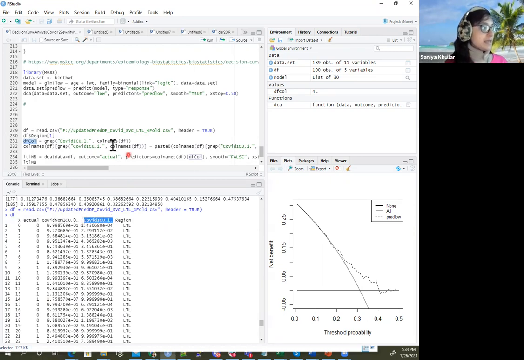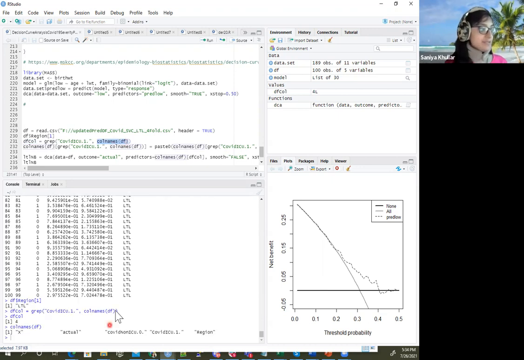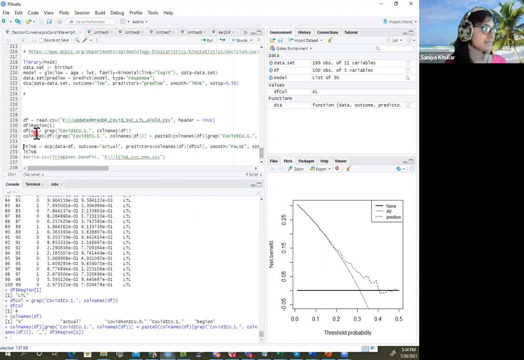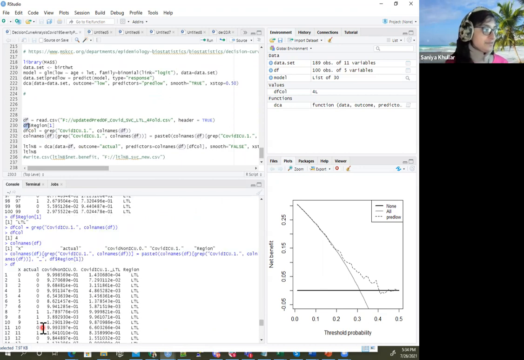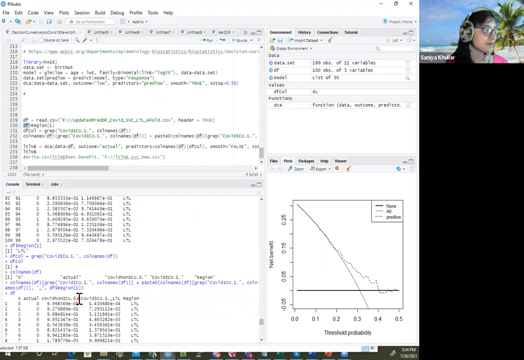I look in the column names and it tells me which column has the information, out of all the column names, which one has COVID ICU 1. Then this is just me pasting and updating the column name, which you don't really need to do. This is just me making sure, as I was running it for multiple regions, that I remember this is for the lateral temporal lobe.